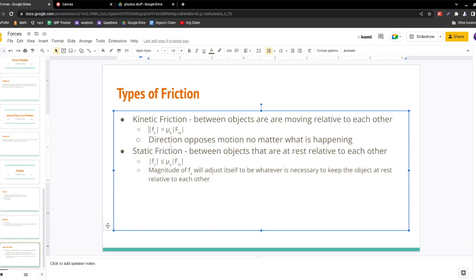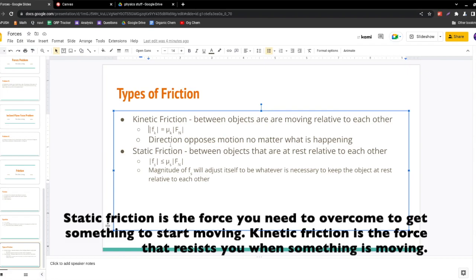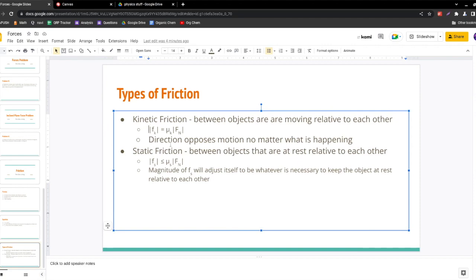And then after it begins moving, then that friction switches to kinetic friction. And then static friction is basically always greater than kinetic friction. So after you get the object moving, then it becomes easier to push on the object because the friction opposing you has turned into kinetic friction and therefore is lesser and won't oppose your applied force as much.